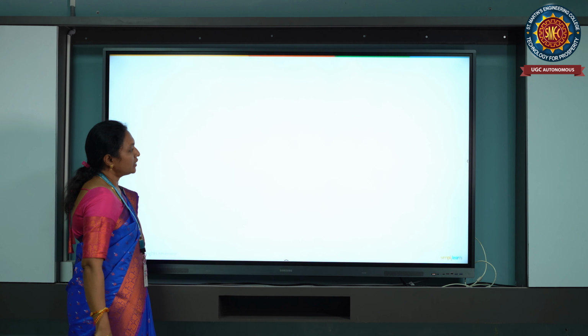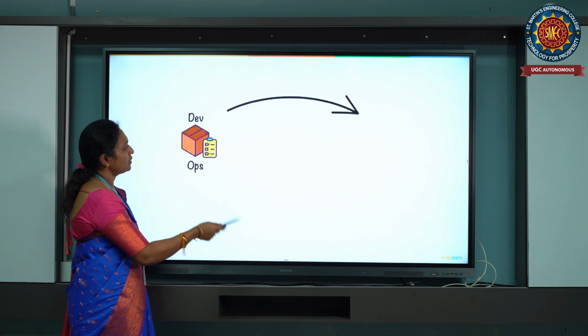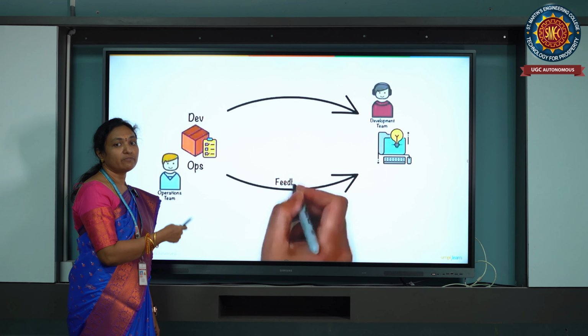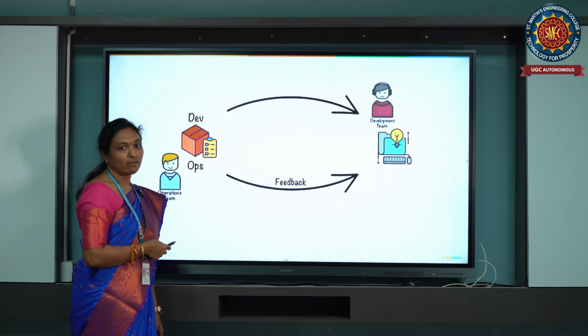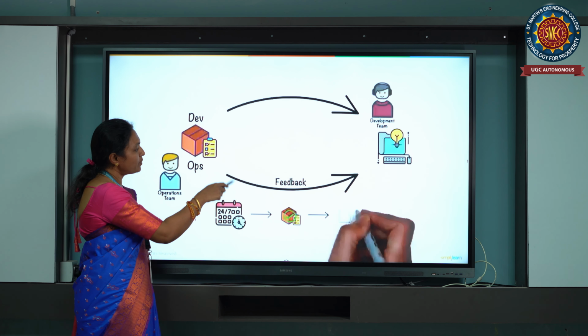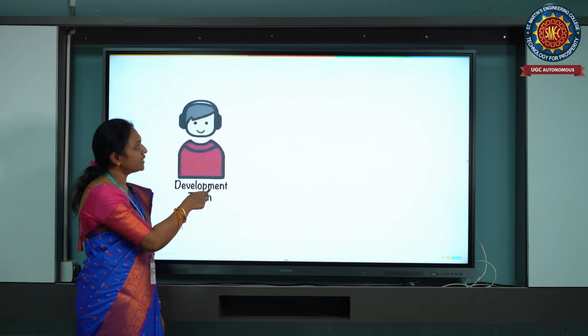After that, the development team and the operations team collaborate with each other, and the operations team will give feedback to the development team, and again feedback will be given in every iteration.